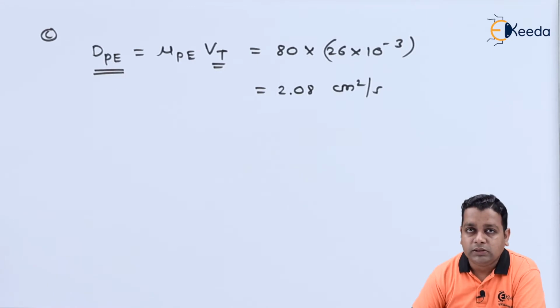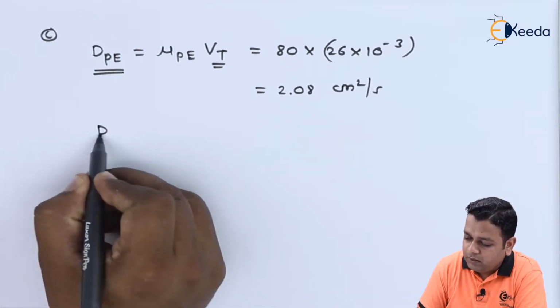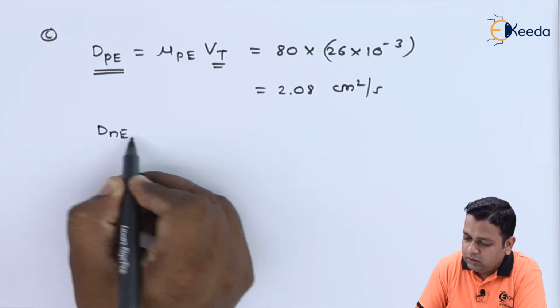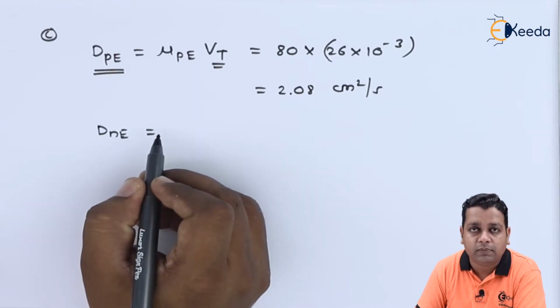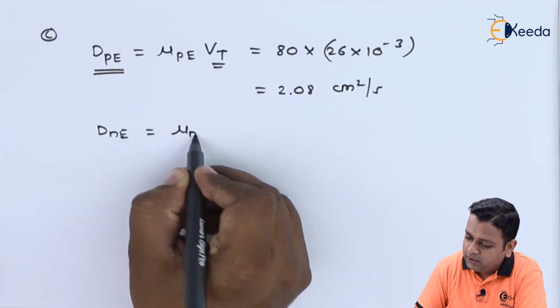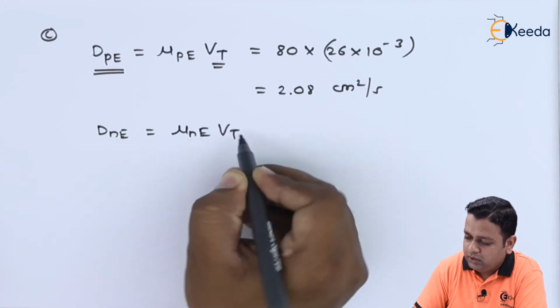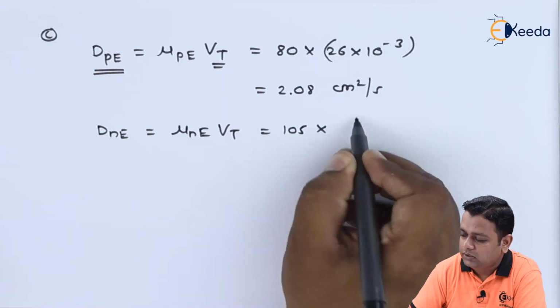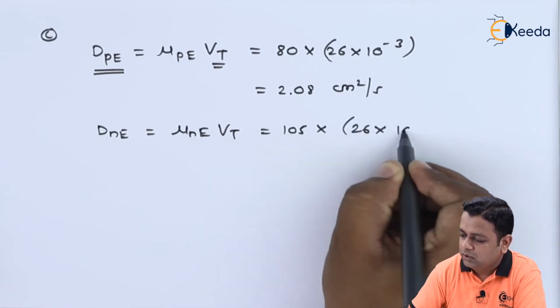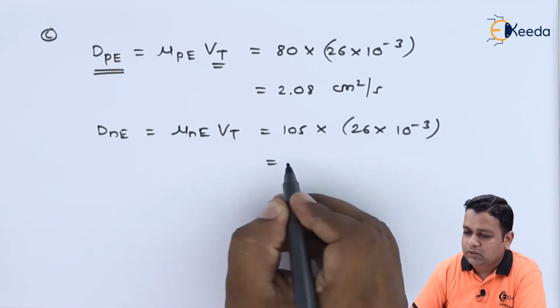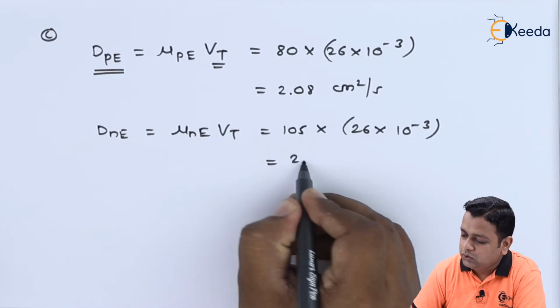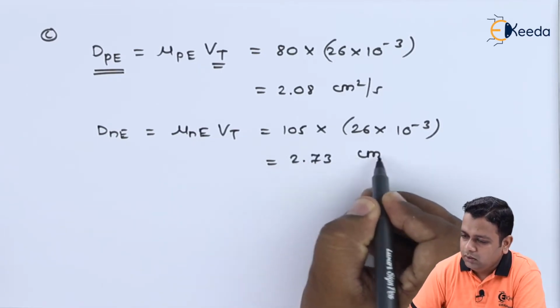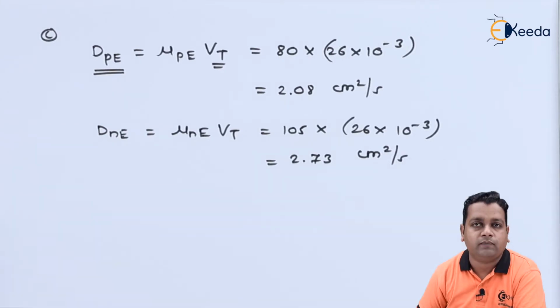Similarly, for the emitter, D_nE is the multiplication of μ_nE into V_T. So we multiply 105 with the same 26 into 10 raised to the power minus 3, which gives 2.73 centimeter square per second.